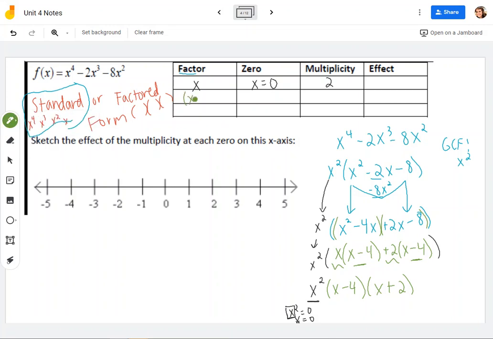Listing the other factors, we have x minus 4 and x plus 2. Well, to solve each of those for 0, you can set each equal to 0. And when you solve, you would get x equals 4 and x equals negative 2.